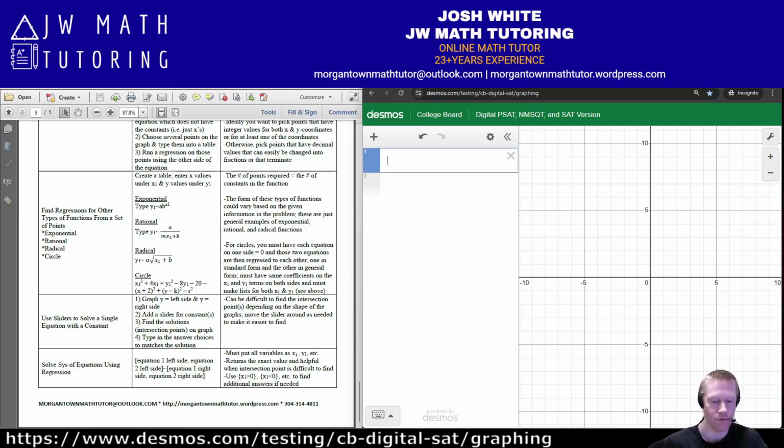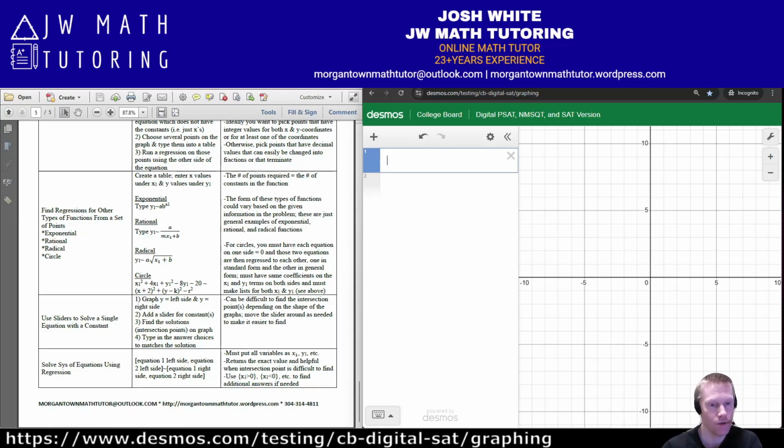In other words, it's not just asking for x, it's asking for some expression which has that x value in it. So that is an example of where you would want to solve systems of equations using regression. Also, if the numbers happen to be really large or really small, you can do it using this method as well, instead of having to scroll in or scroll out on a graph repeatedly, trying to find exactly where the intersection point is.